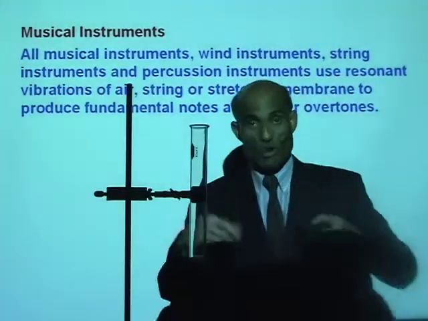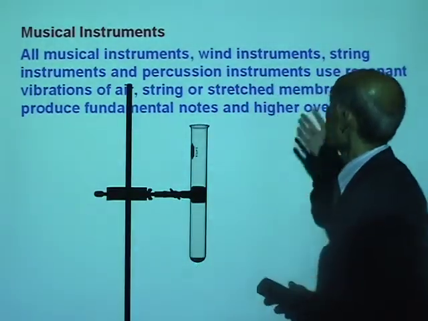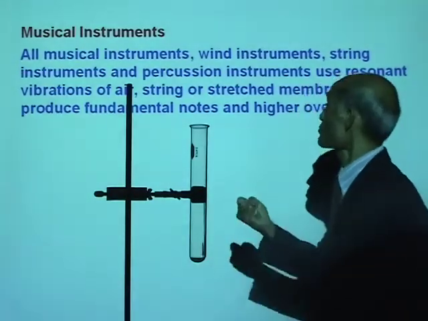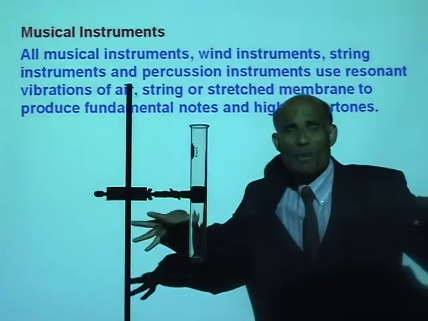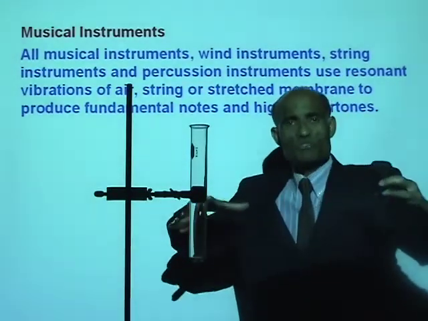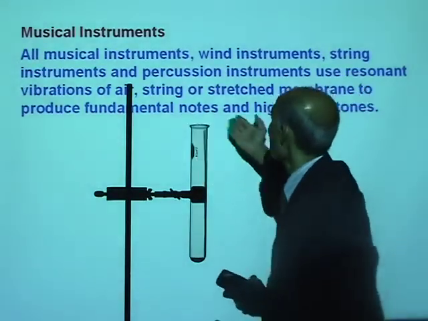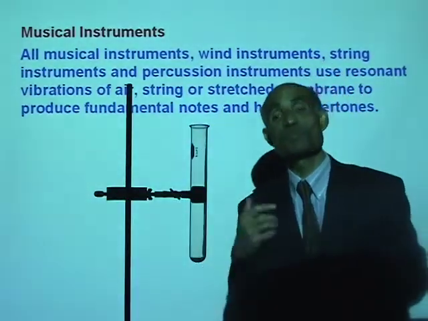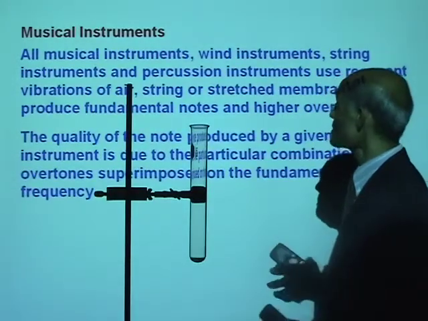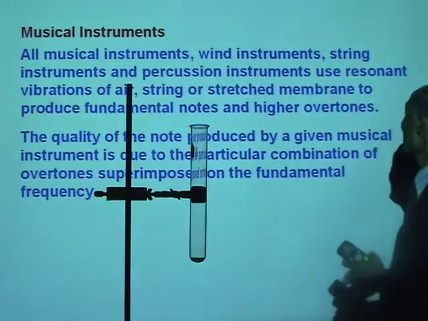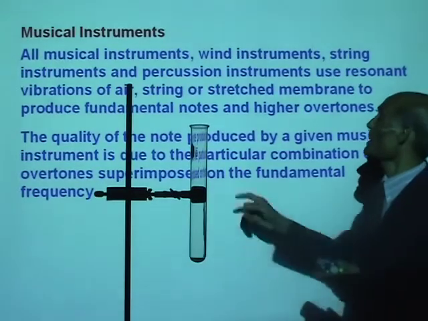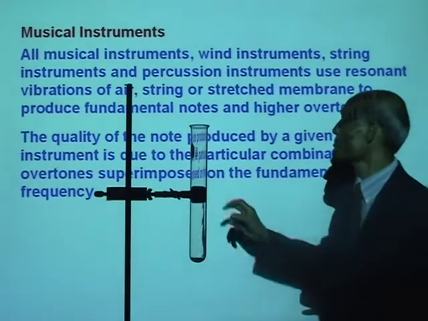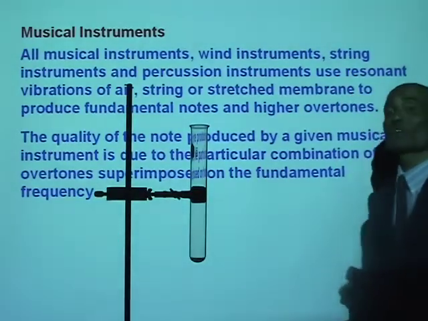Percussion instruments, drum, they all use resonant vibrations of air, string, or stretched membrane. For a drum, it is a stretched membrane to produce the fundamental notes and the higher harmonics that get superimposed on it. The quality of the note produced by a given musical instrument is due to the particular combination of overtones superimposed on the fundamental frequency.